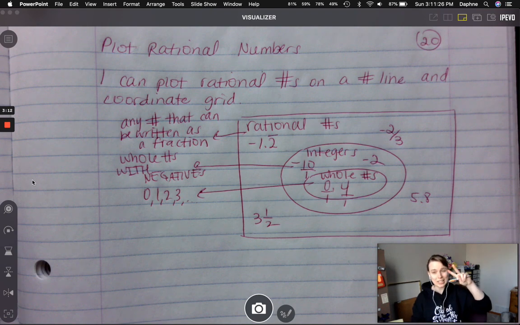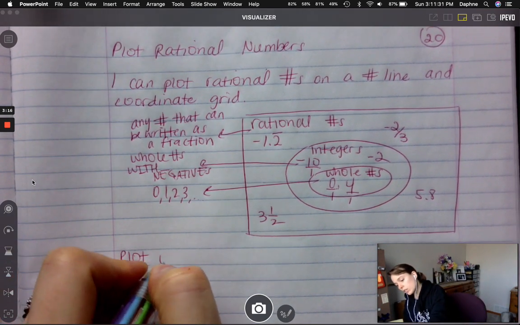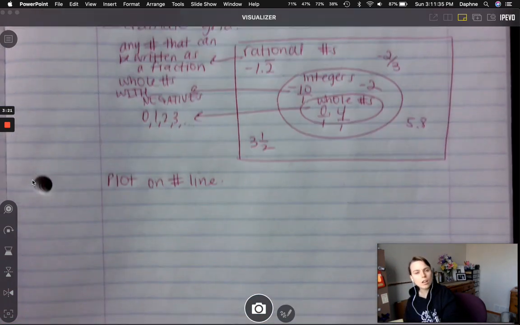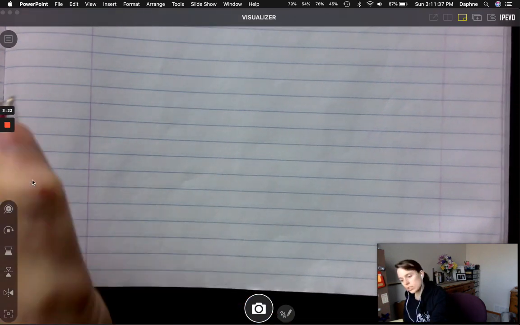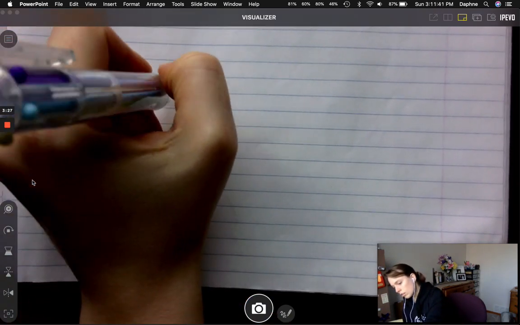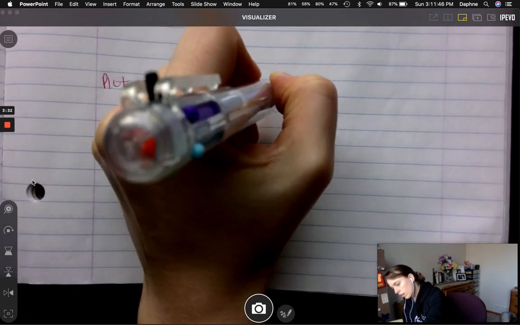The last two pieces of our notes: we're going to have part of our notes going over plot on a number line, and then the other half of our notes is going to be plot on a coordinate grid.